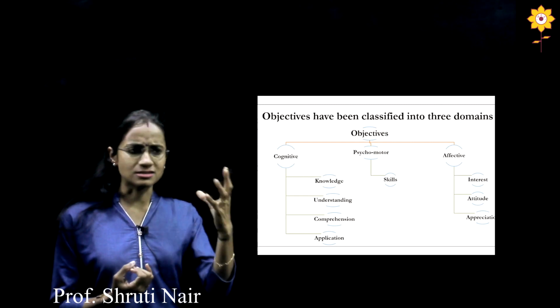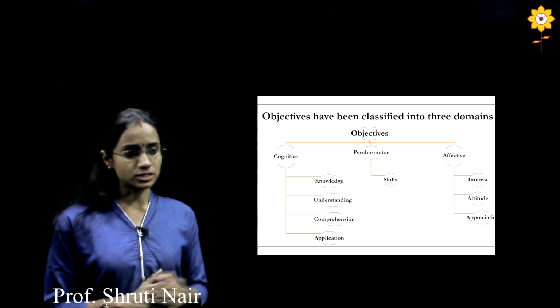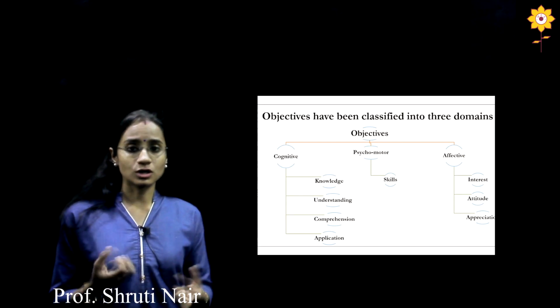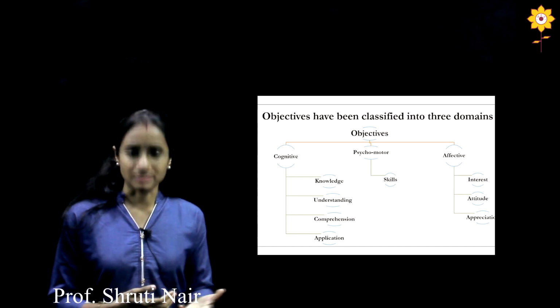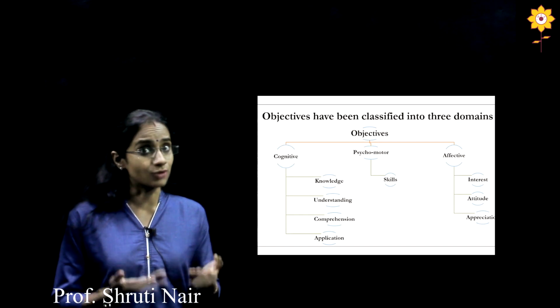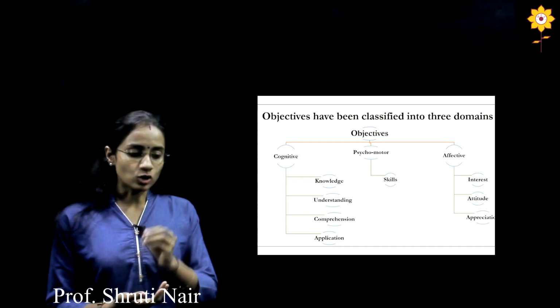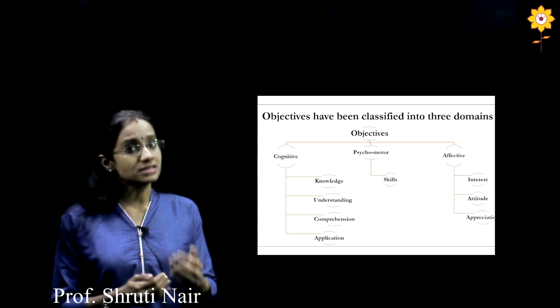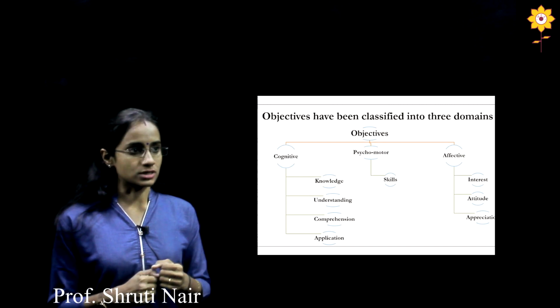Your knowledge, your understanding, comprehension, application, all of this will come in the cognitive domain. Whereas psychomotor domain is where you do certain activity or there is a task that is performed. So for that, what do we need? We need skills, right? For psychomotor activity, we need skills. So in psychomotor domain, skills are focused on.